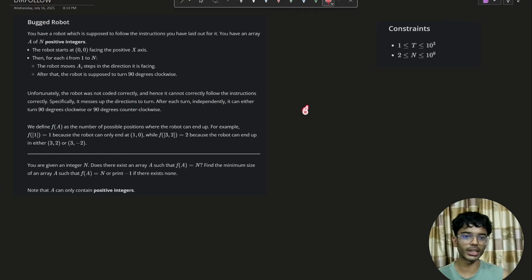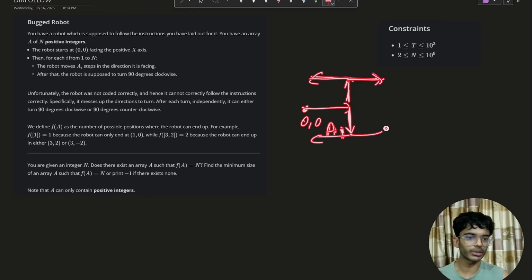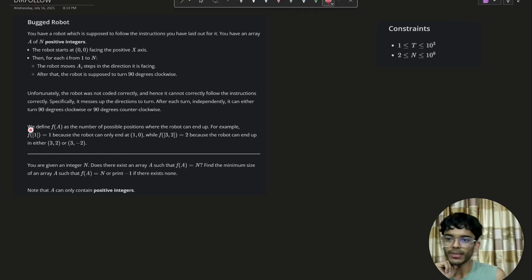So initially it is at (0, 0). It goes towards the right with A1 steps. But after this, it can turn in either this direction or this direction. Then in the next step, it can again turn to either of these directions, and so on. Now we define f(A) as the number of possible positions where the robot can end.